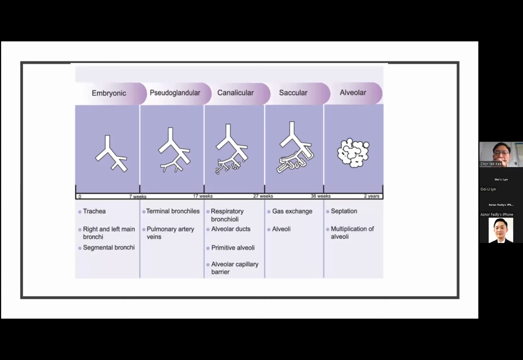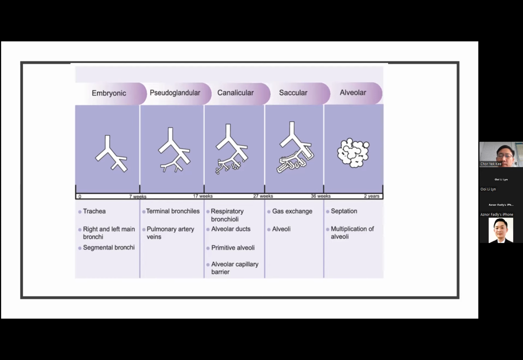At the canalicular stage, which is 17 weeks up to 27 weeks, the respiratory bronchus and the alveoli form. An important moment is around 23-24 weeks, when the first surfactant will be detectable in our alveoli. The alveoli become more and more numerous, there's multiplication of alveoli, and this makes the baby viable.